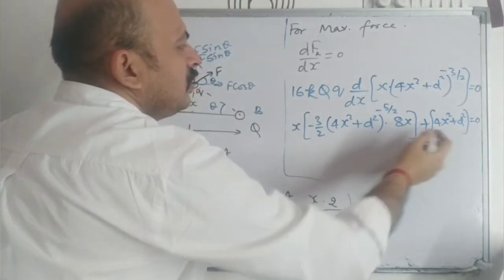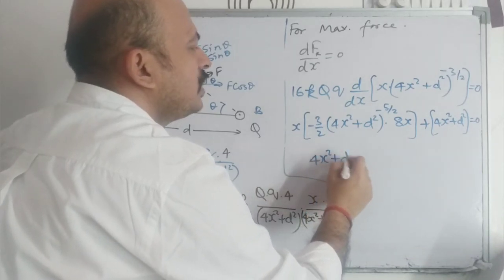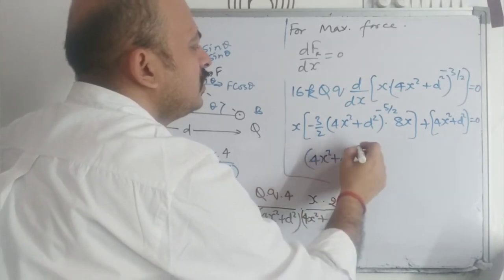Take common (4x square plus d square) to the power minus 3 by 2.